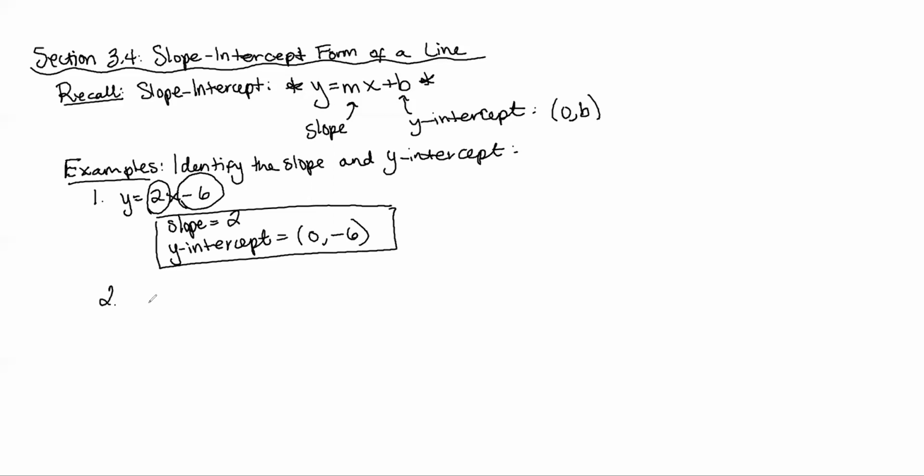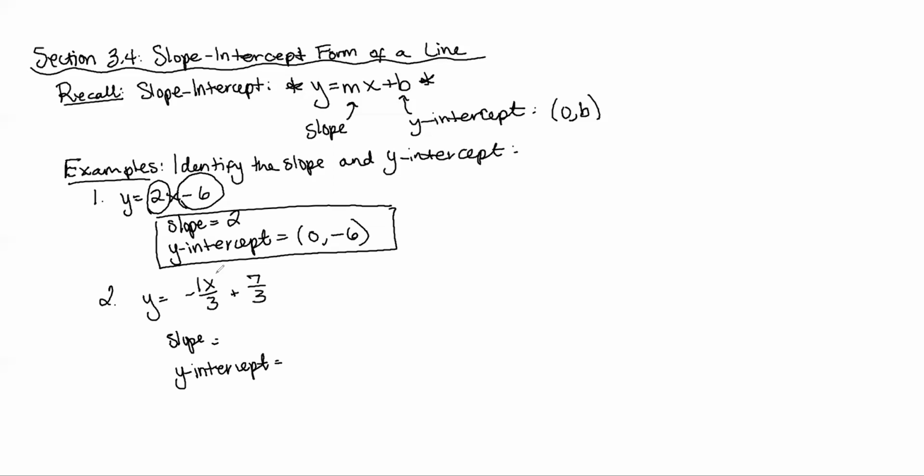Let's try another one. y equals -x/3 plus 7/3. So again, we're looking for our slope and our y-intercept. So our slope for this one isn't as obvious. We have a -x/3. And so if you remember, if you don't see a number here, we always have a 1.